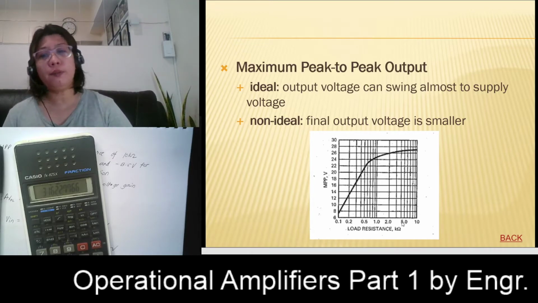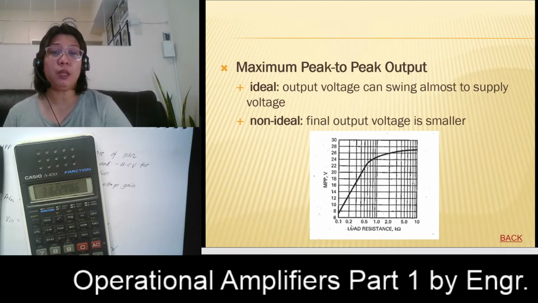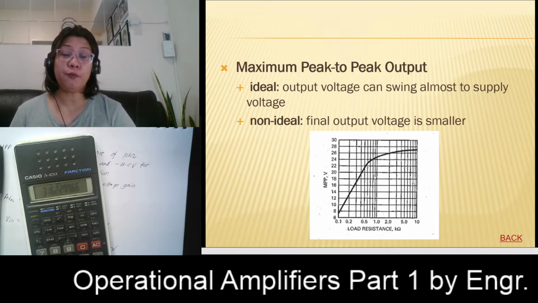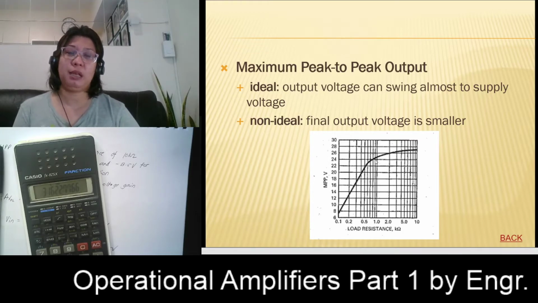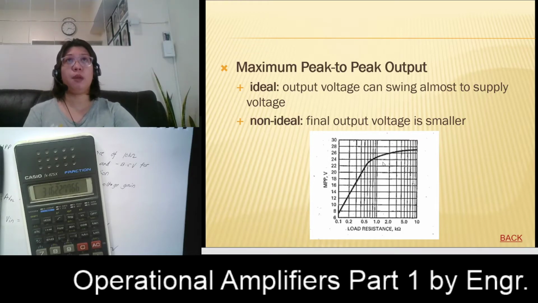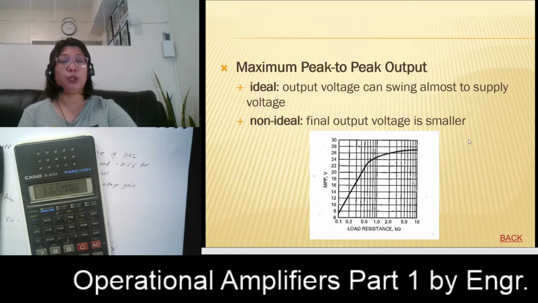Using a smaller load resistance gives an even smaller value. For example, if we just make use of 1 kilo ohm, we are just roughly at about 24, or just a positive 12 and a negative 12 value, instead of the maximum peak to peak, which is 30 volts.